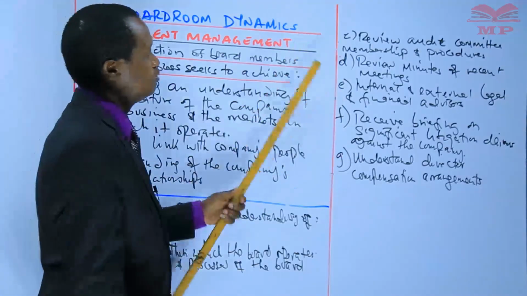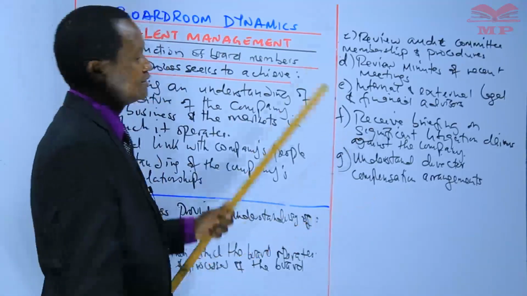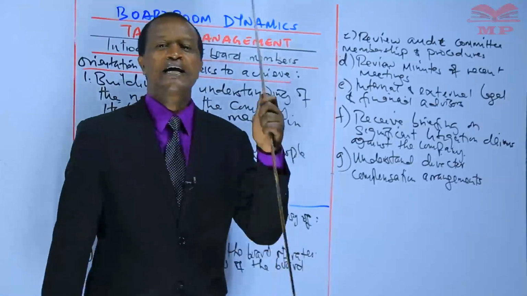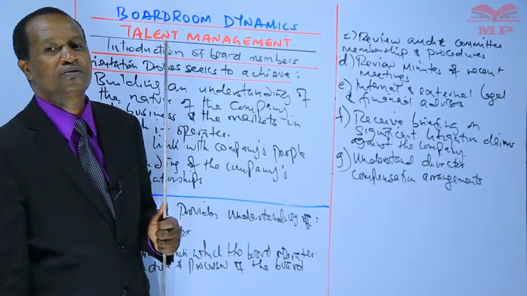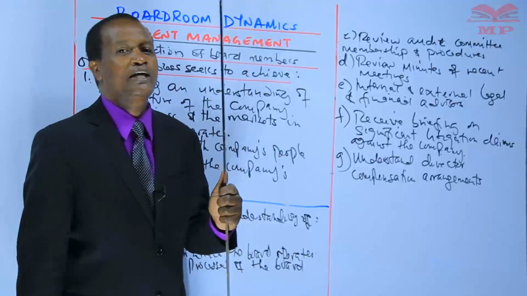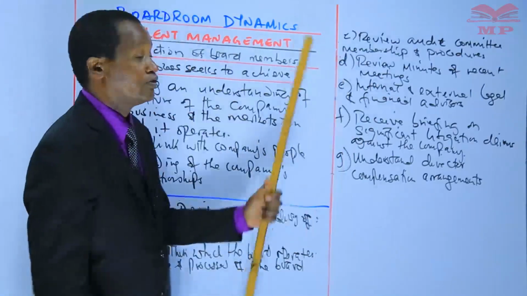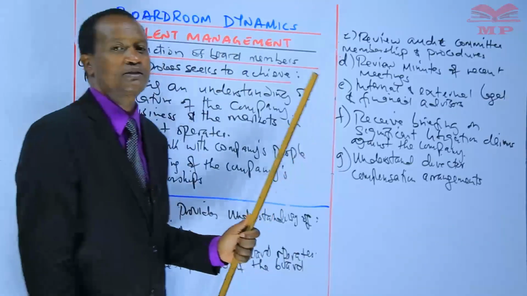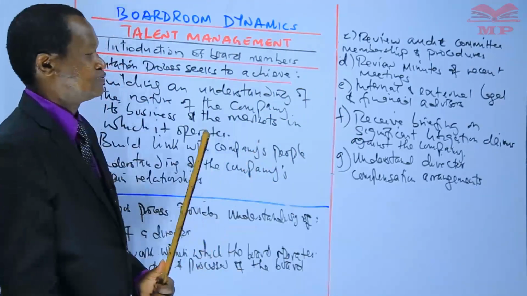Then we also say that a new board member should receive briefing on significant claims and litigations against the company. And this is especially if any of the claims involve the activities of the board of directors. He should have that information.